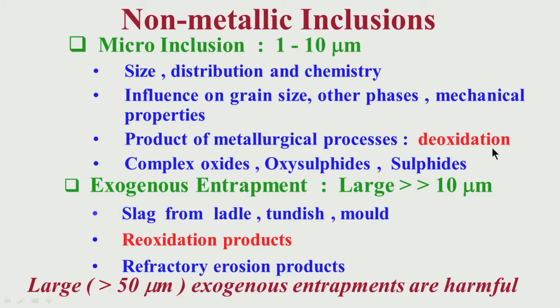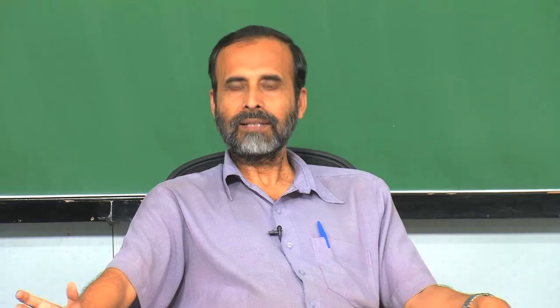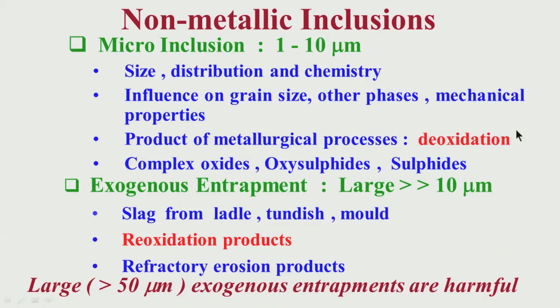In that process dissolved oxygen will come down. How will dissolved oxygen come down? In the form of oxides: SiO2 might get formed, MnO might get formed, or aluminum oxide might get formed. So, these oxides are part of the metallurgical process, and we call them deoxidation products. So, these are small non-metallic inclusions.